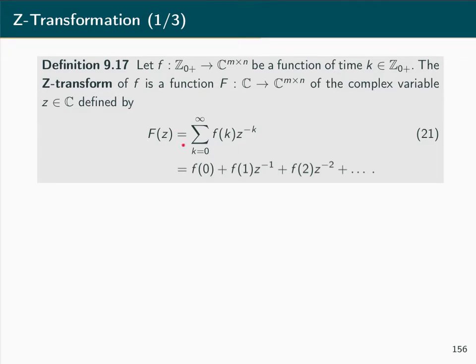Or by spelling out the sum, F of z is equal to f of 0 plus f of 1 times z to the minus 1 plus f of 2 times z to the minus 2 plus f of 3 times z to the minus 3, and so on.